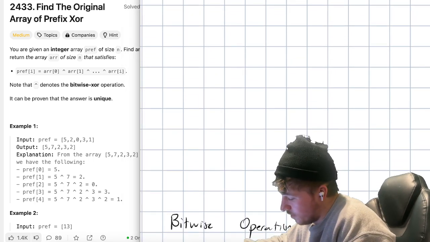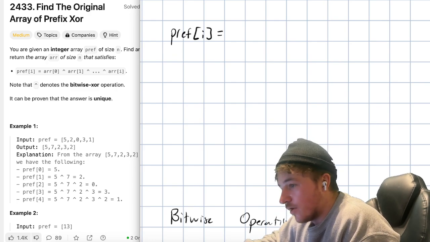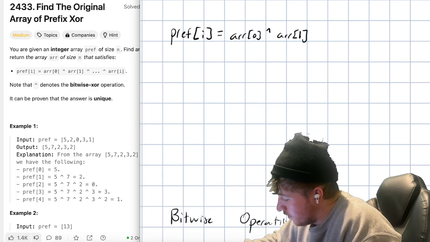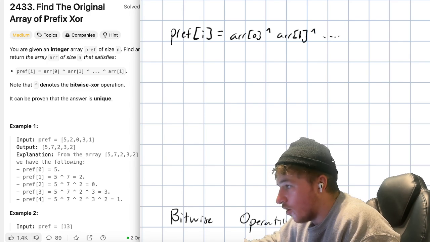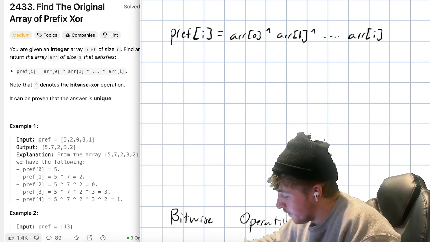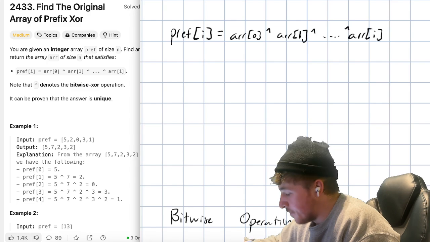Okay, so you're given an array where pref of I equals array at 0 XOR array at 1 XOR dot dot dot all the way to array at I. Now, what does that mean for certain examples?